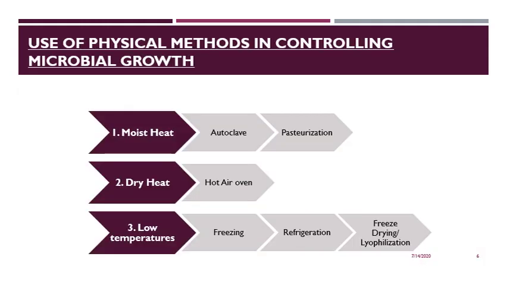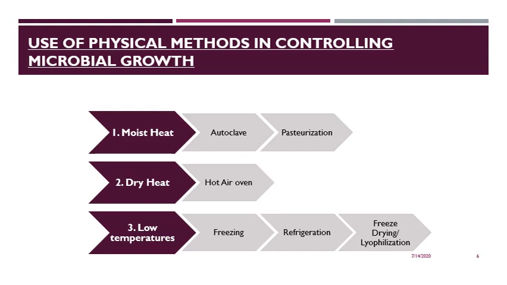First of all, we study the use of physical methods in controlling microbial growth. Today we study heat, which is further divided into moist heat, dry heat and low temperatures.